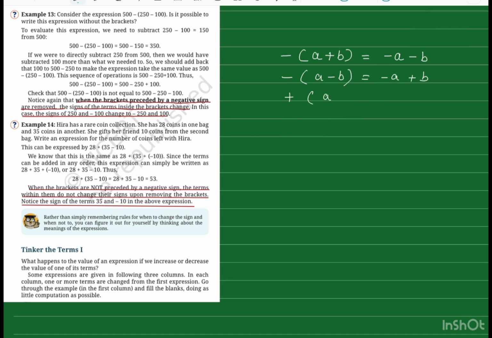For plus of a minus b there is no change in the signs of the terms in the bracket, so it will be plus a minus b. So this is the important point we have studied in this section.